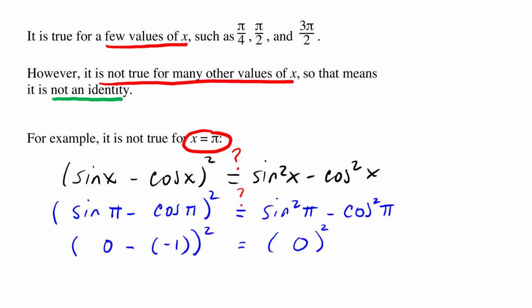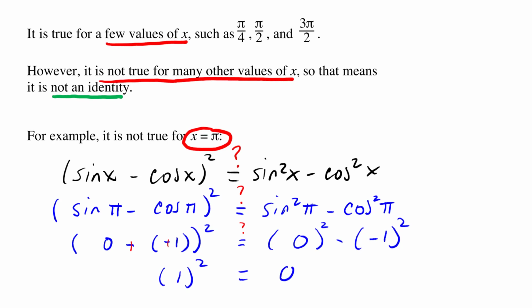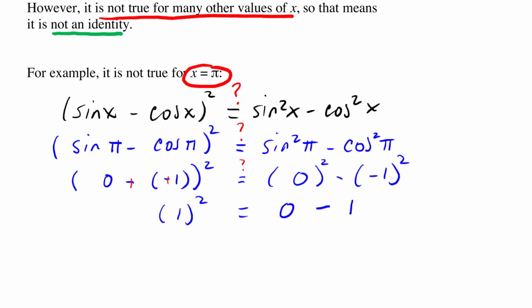Sine pi is being squared, 0 squared, minus -1 quantity squared. So on the left, 0 minus -1 is 0 plus 1, which becomes 1 quantity squared. On the right side, 0 squared, of course, 0 minus 1. The left side is +1, the right side is -1, and they're not equal. Of course, that's false. So what that shows us is the equation is not an identity.